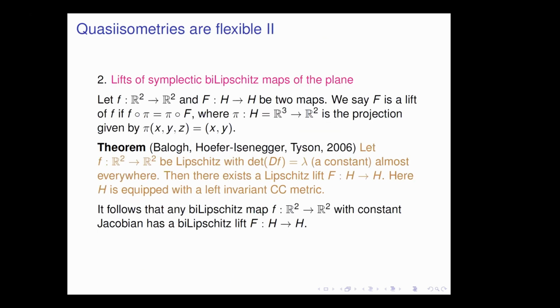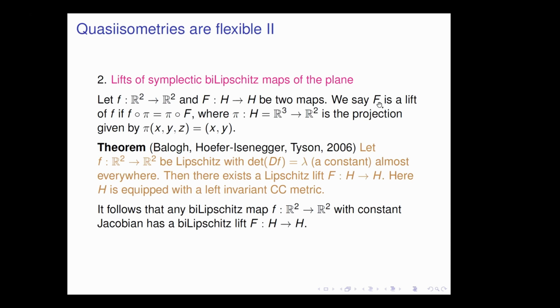The second construction is lifts of symplectic bi-Lipschitz maps of the plane. So you consider two maps, little f from R2 to itself, and another map, capital F from H to itself.